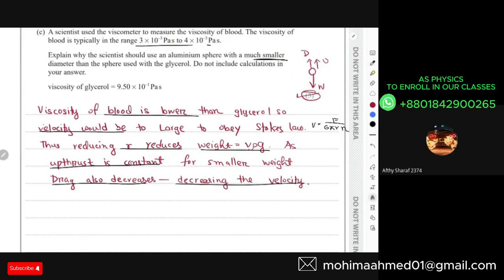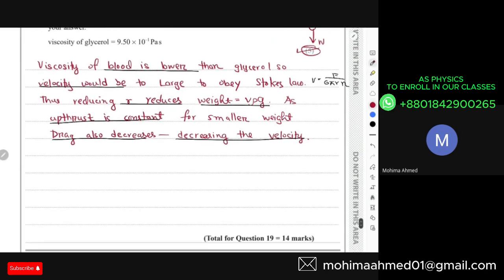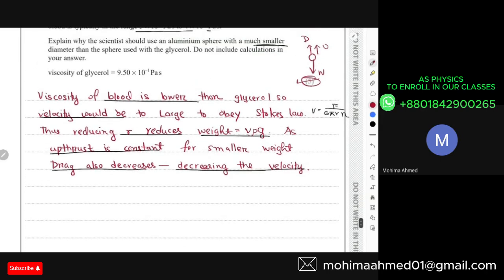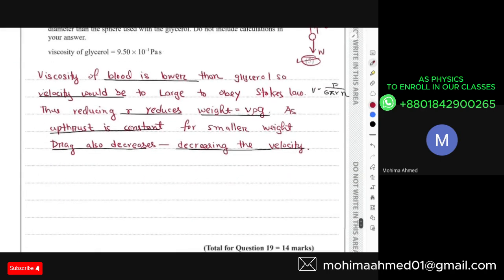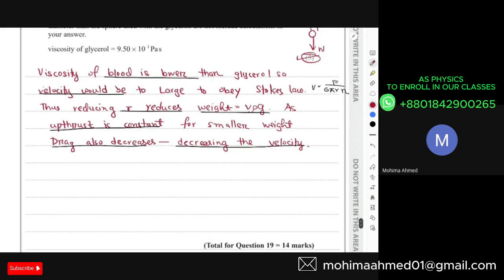Shouldn't you say that it's easier to measure if the velocity is lower? No, it's not easier to measure if the velocity is lower. I mean, if the magnitude of the terminal velocity is lower, yeah, you can say that, no problem. You can add this, but it's not mostly related to your question, because in this case the velocity must fit in Stokes' law. It should not be that it's easier for you to measure the velocity, but you can connect it here: decreasing the velocity maintains laminar flow also, by the way.